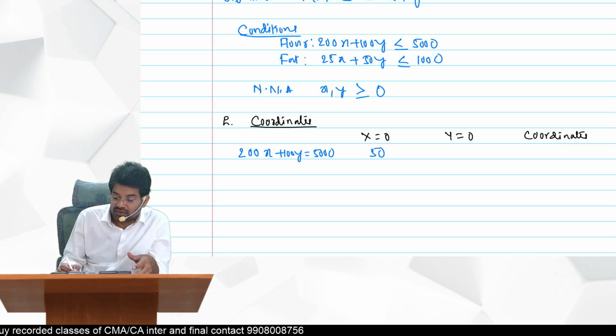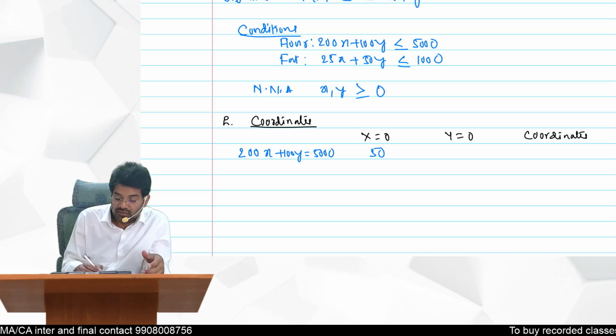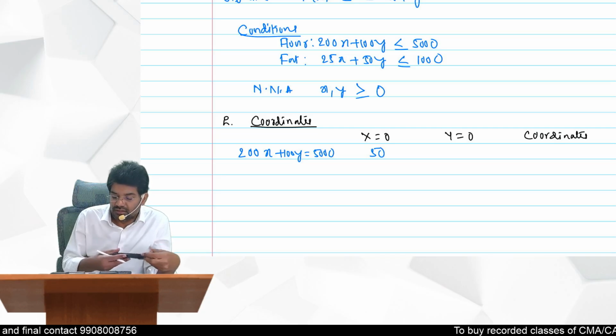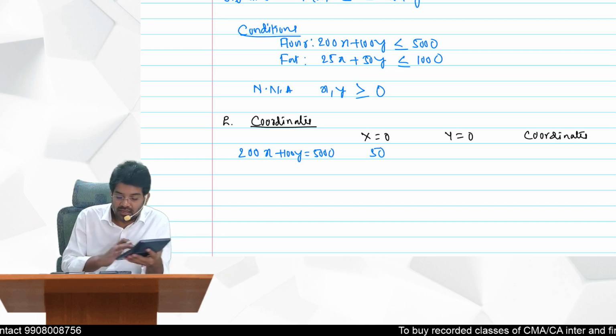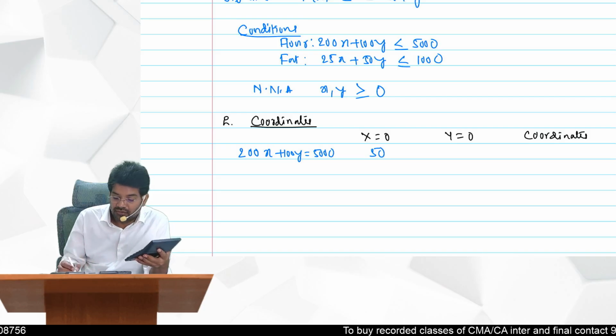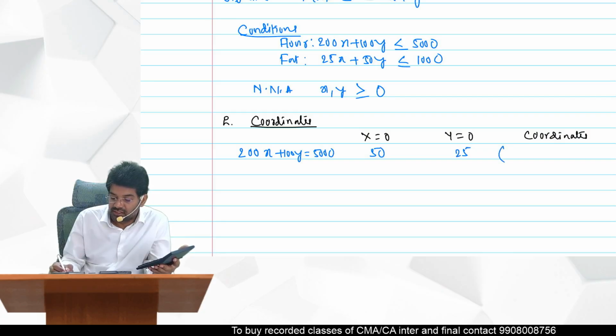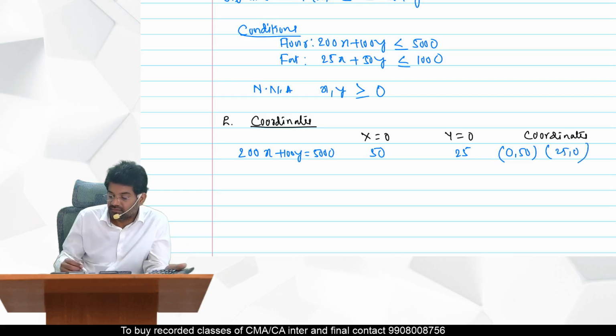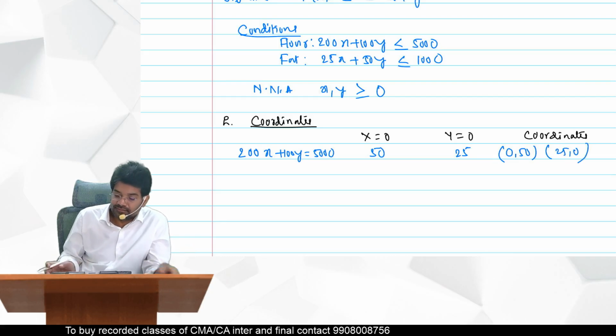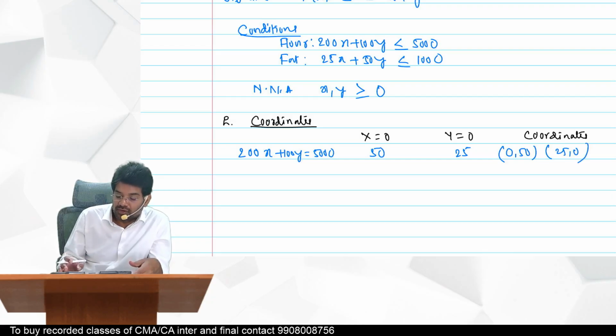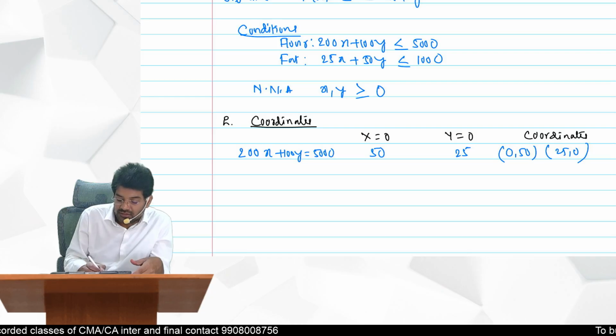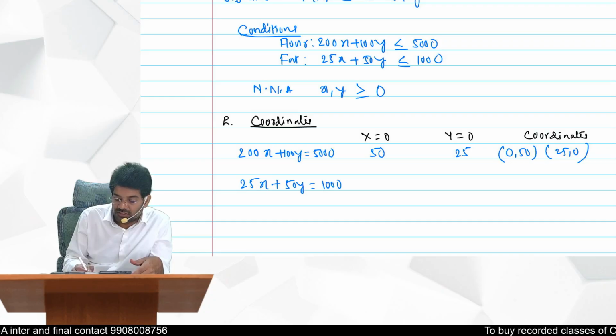If y is equal to 0, then 5000 divided by 200, what you will get? 5000 divided by 200, 25. So the coordinates here are 0 comma 50, other one is 25 comma 0 for this particular equation constraint. Next one, 25x plus 50y is equal to 1000.